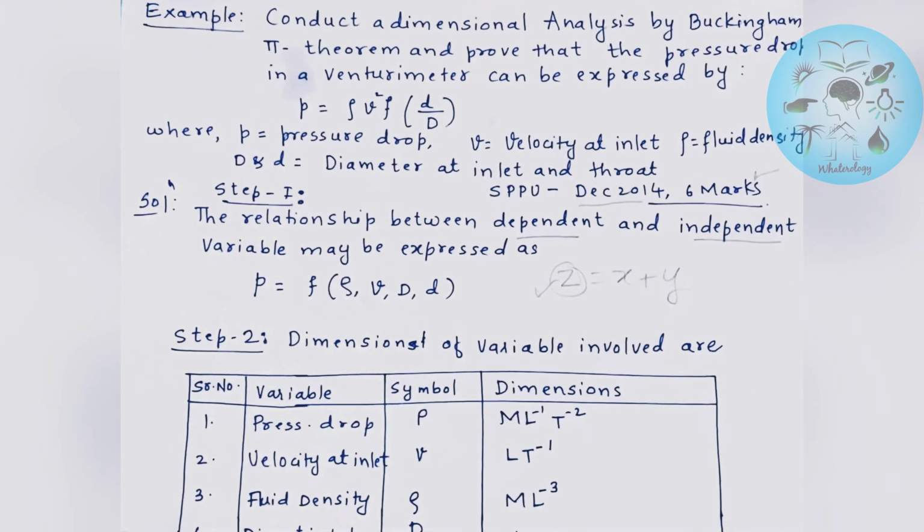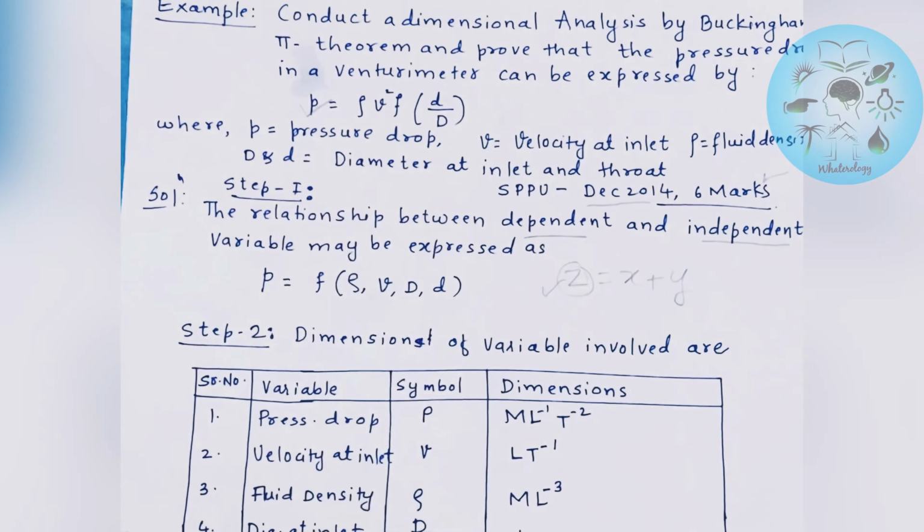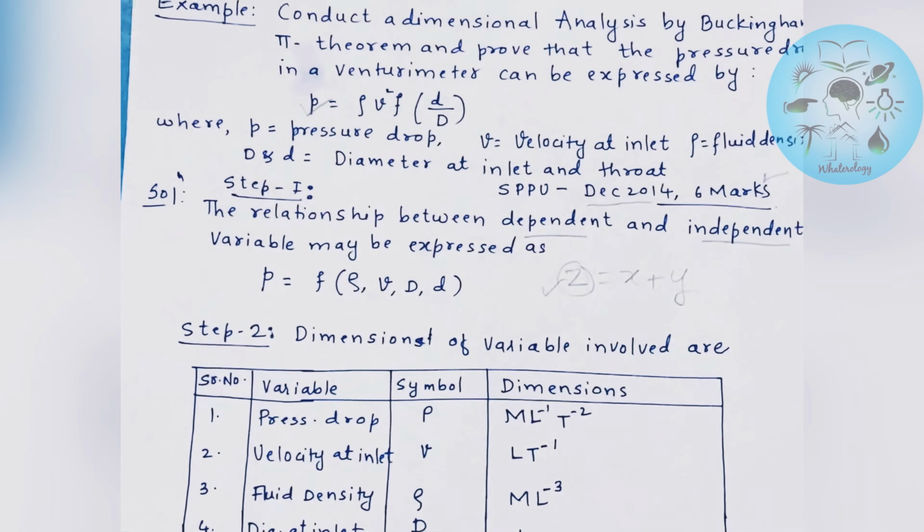In general, in any equation, the left hand side portion, in our case the pressure drop, is the dependent variable. Remember this, students: in any type of equation, the variables on the right hand side are the independent variables.